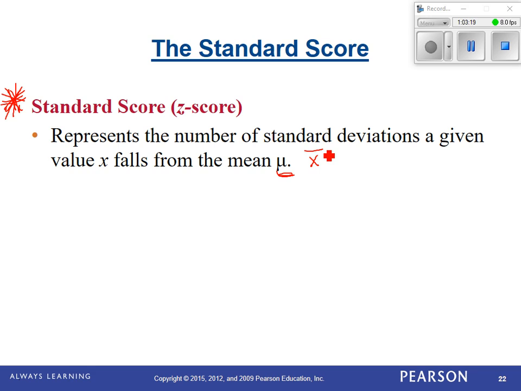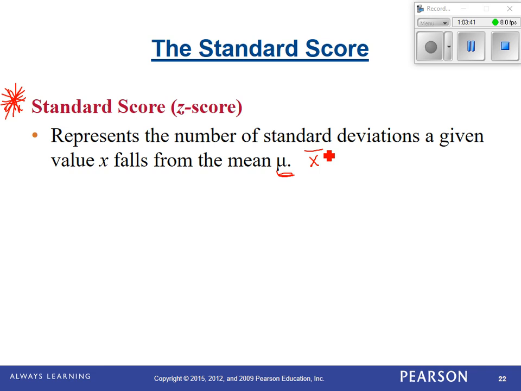A Z-score is not the only standard score, but it's the one we're going to deal with for now. What a standard score does is take all the scores and make them into some standard score so that you can compare scores for anything.